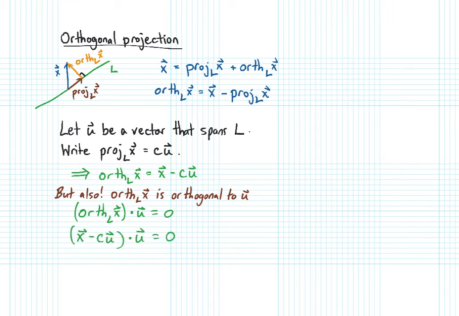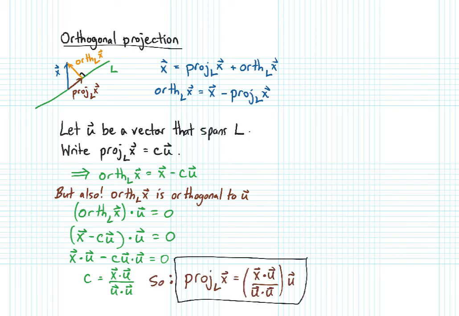From there, we can substitute in x minus cu for the orthogonal component, and then we can distribute the dot product over the parentheses. And then we can solve for c. c is x dot u divided by u dot u. And then we can take this and plug it back into the expression for the projection. And we get this formula, which is the formula for the projection of x onto L.